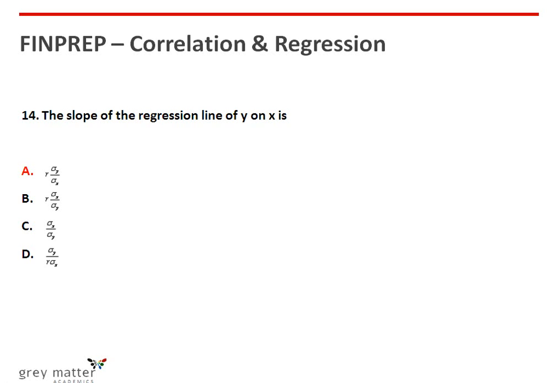So as per PowerPoint, the answer is option A, which says r into sigma y by sigma x, that is coefficient of correlation into standard deviation of y by standard deviation of x, that is, y on x, slope of the regression line. So the option is A, which says r into sigma y by sigma x.